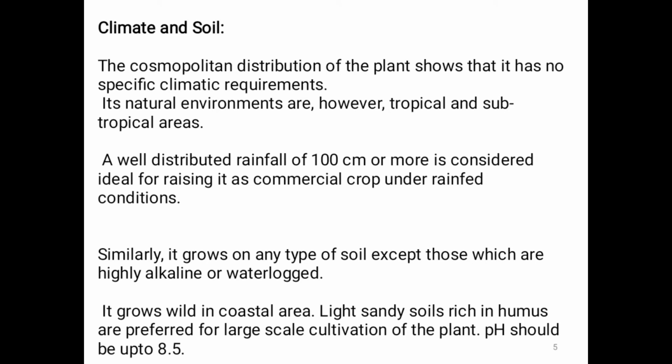Then soil and climatic requirements. The cosmopolitan distribution of the plant shows that it has no specific climatic requirements, meaning it has wide adaptability. Its natural environments are tropical and subtropical areas. A well distributed rainfall of 100 cm or more is considered ideal for raising it as a commercial crop under rain-fed conditions. It grows on any type of soil except highly alkaline or waterlogged soil.